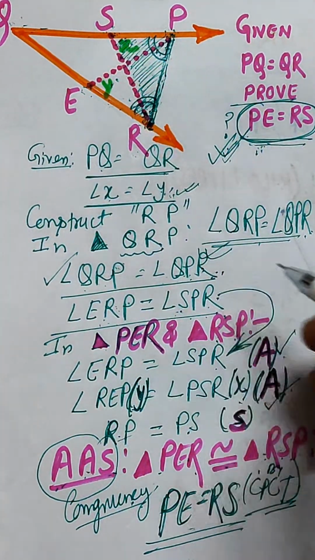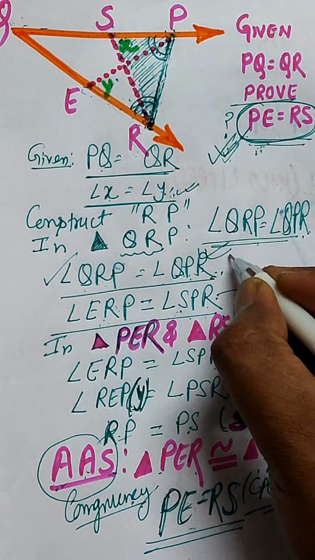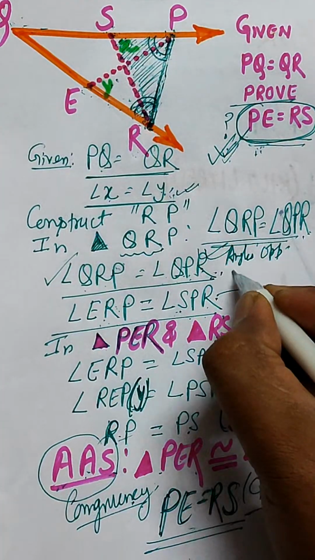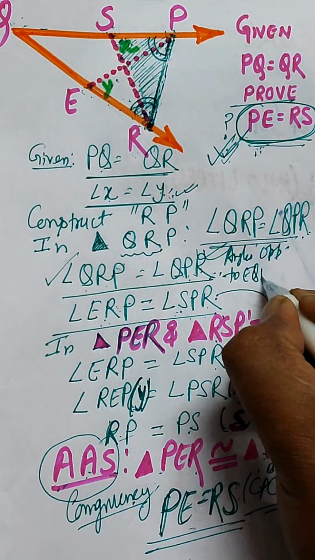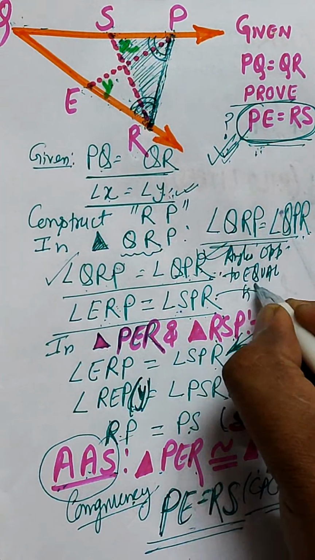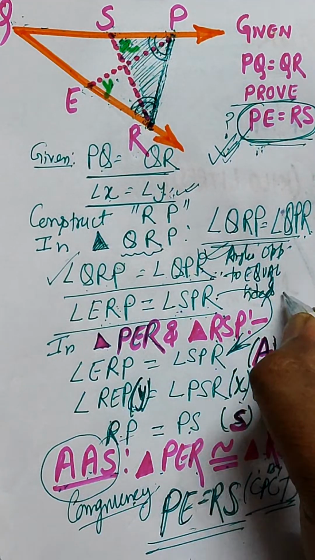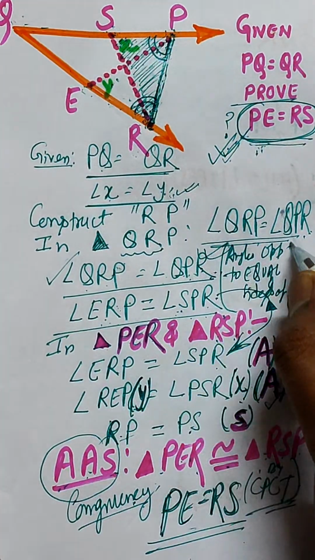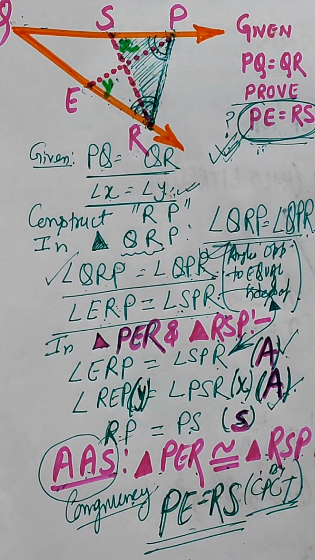So why? Should I write it? Angles opposite to equal sides of a triangle. So this is the theorem which we have used.